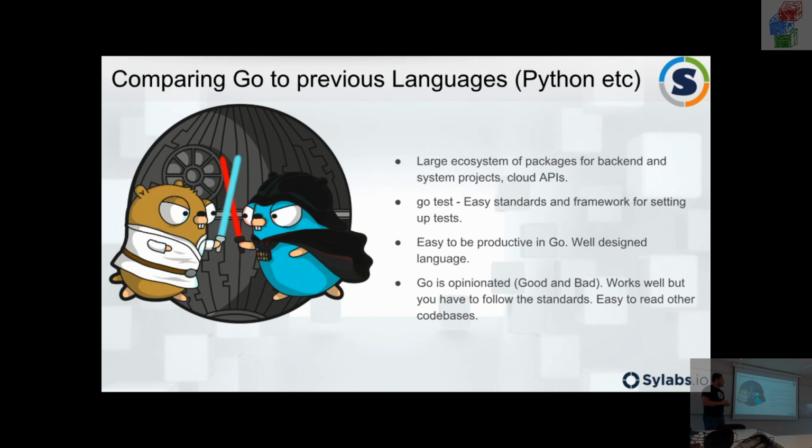Go versus Python. Other reasons for moving was the large ecosystem of packages, not just the Linux Foundation packages, but the network tools. And right now, Singularity 3.0 can also run cgroups. So you can isolate your container processes with cgroups with Singularity out of the box. Go test.